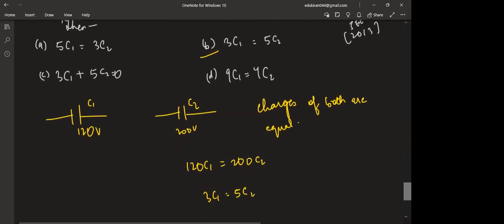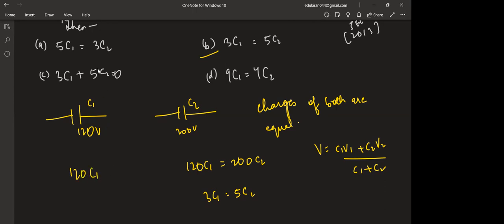Using common potential: C1 V1 plus C2 V2 divided by C1 plus C2. This will also become 0, because the common potential is 0. So C1 into V1.